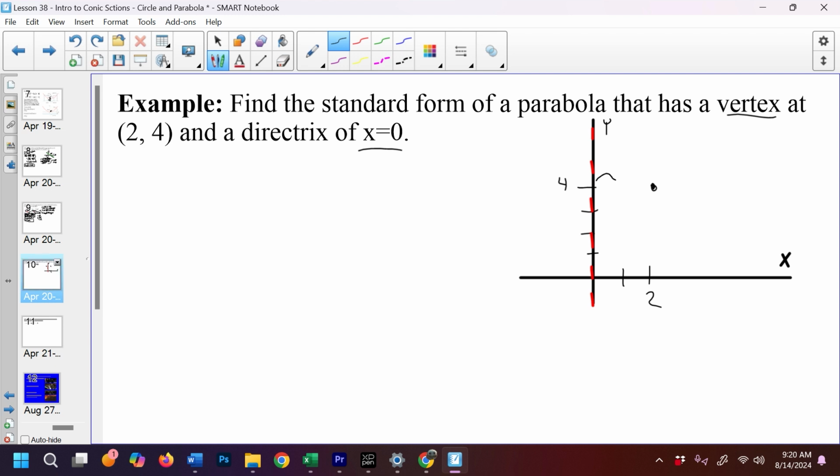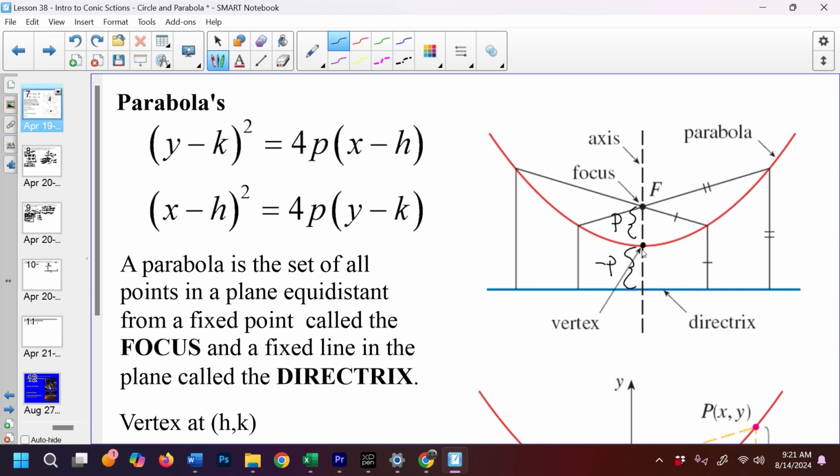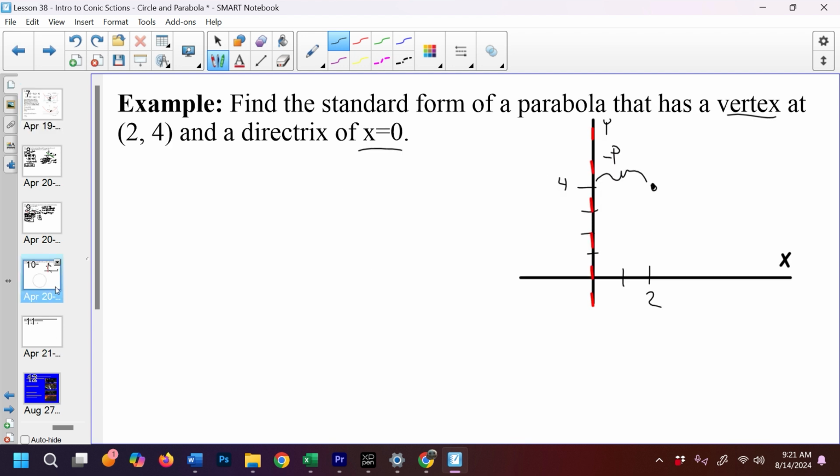So this distance right here is negative p, and also through the vertex is that parabola. Now, since my directrix is vertical, this parabola has to open away from the directrix. And this point here will be p units that way.